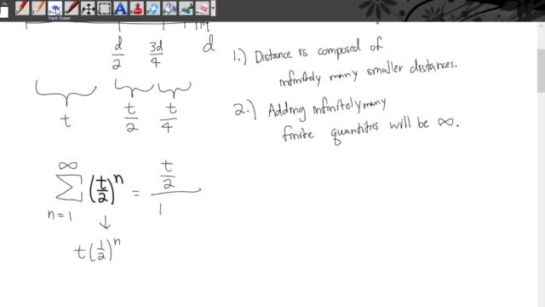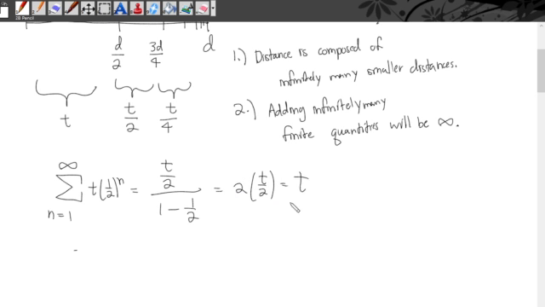Actually, no, wait. Okay, so it is t times 1/2 to the n. So I actually have to take t out. So the ratio would then just be 1/2, and 1 minus 1/2 is 1/2, so we get 2 times t over 2, and we get t.